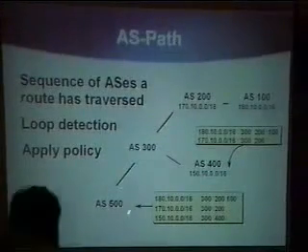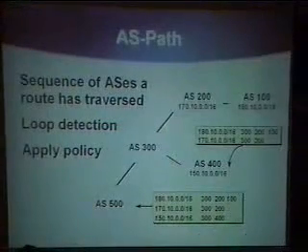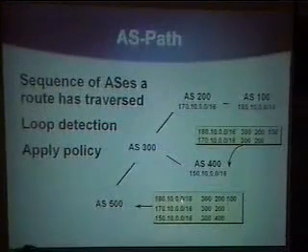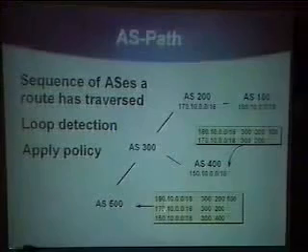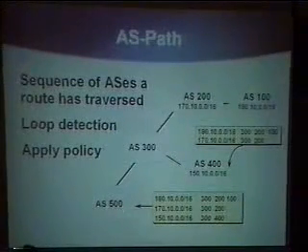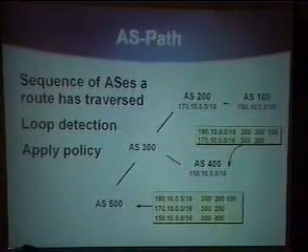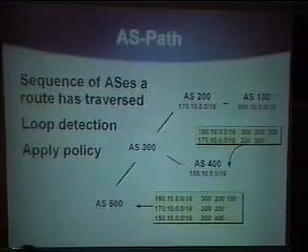If, for example, AS500 had a link that connected it back to AS100, well, 500 would hear this prefix coming from 100, and it would try and pass it back to 100. And 100 would then hear this prefix from itself, as well as seeing it from 500, and you could potentially, if you had no loop detection, end up with a prefix announcement going round and round in circles.